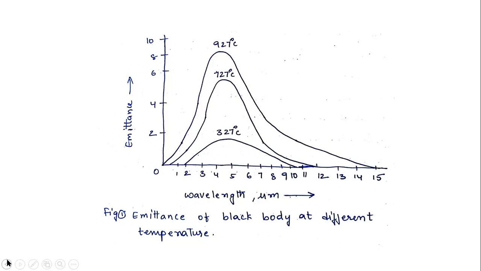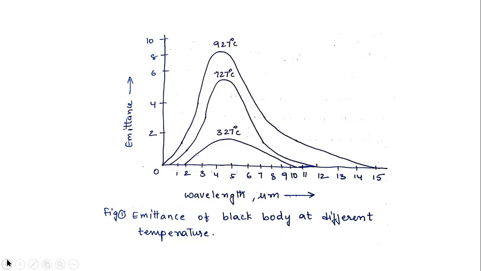If you assume the sun as a black body, we are saying that a black body emits radiation. So the sun also emits like a black body, and the surface temperature of the sun is about 5700 Celsius. The wavelength of this emission is maximum at 0.5 micrometers.